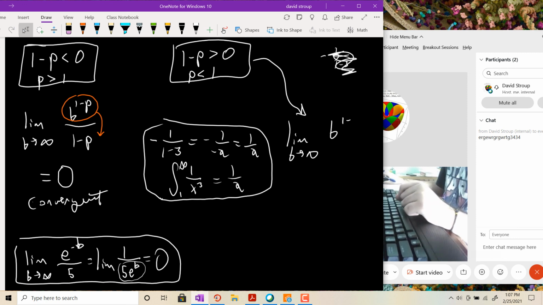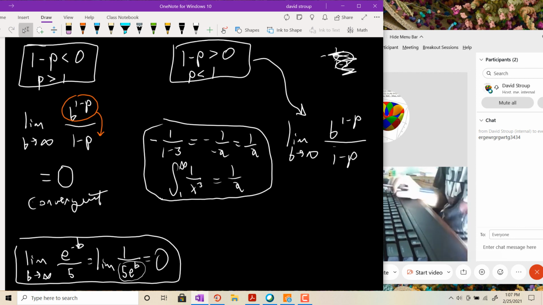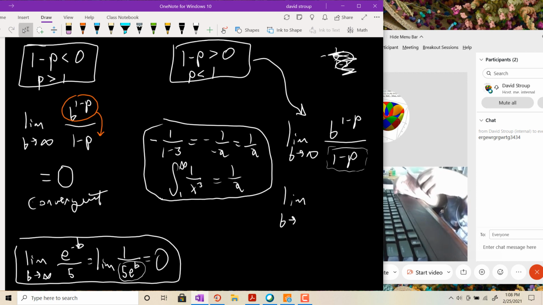In this other case, this one term, b to the 1 minus p all over 1 minus p, the bottom is just a constant, because the p-value is less than 1. So you can imagine, let p equal 1/2. You get b to the 1 minus 1/2, which is 1/2, all over 1/2.